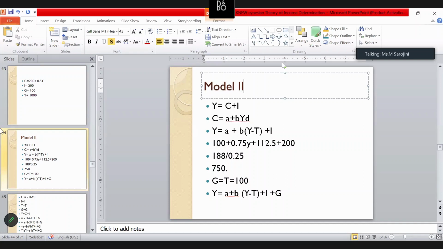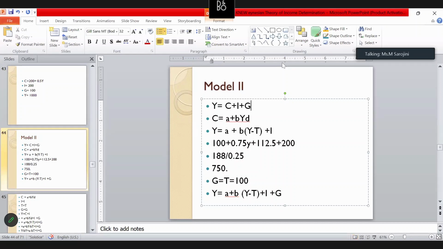That consumption function is C equals A plus B YD, where YD is equal to Y minus T. Here again, our equilibrium equation is, right? Here you have to concentrate and listen. This is the three-sector model income determination equilibrium equation.